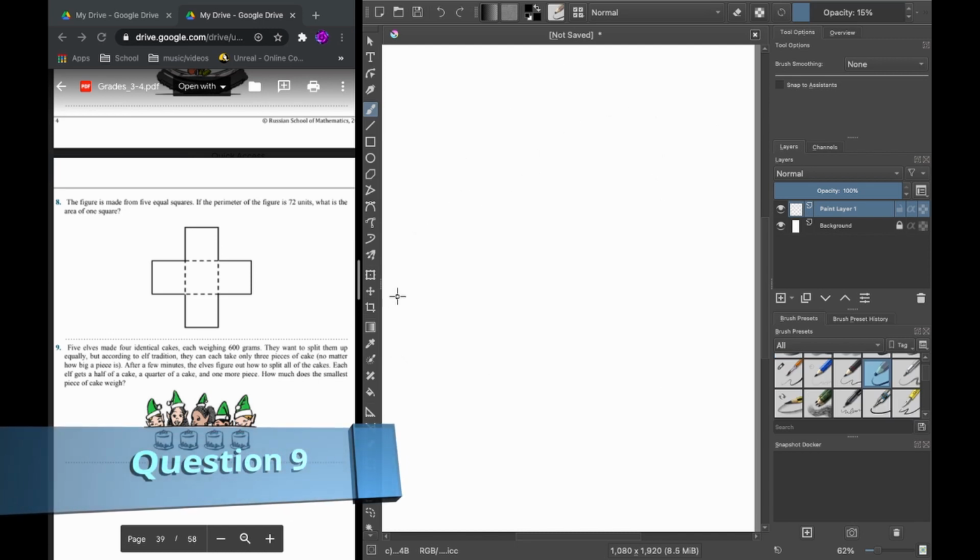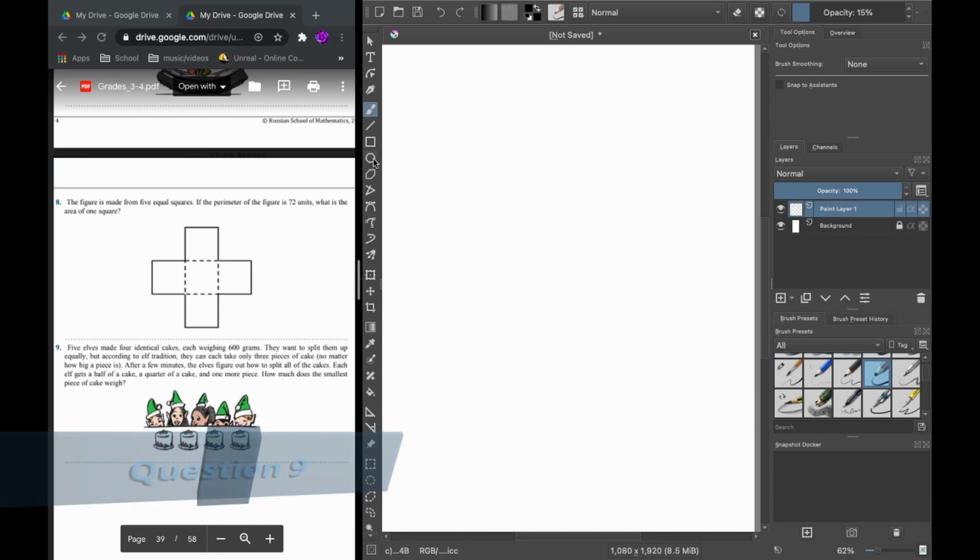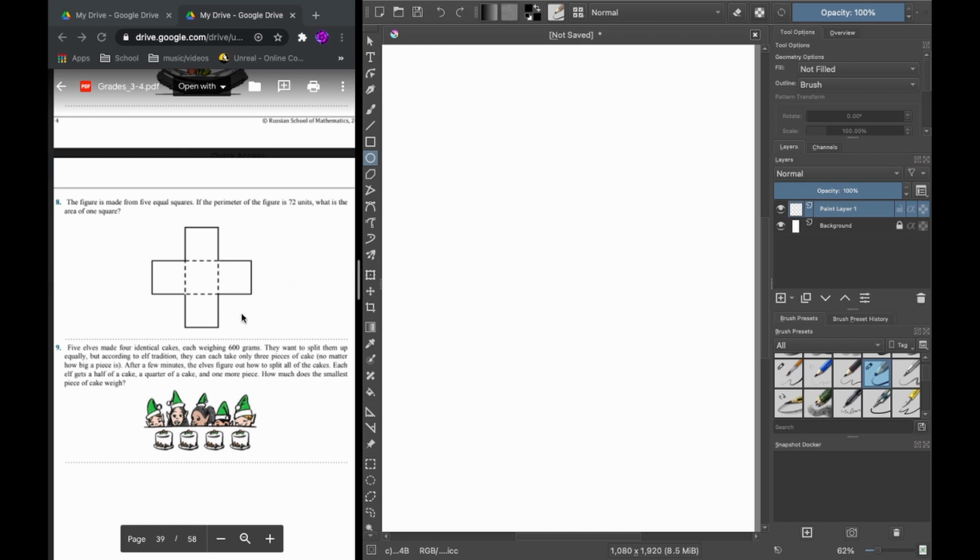Okay, so moving on to number 9. This is a pretty tricky problem. So 5 elves made 4 identical cakes. So I'm gonna draw some. Pretend these are all pretty identical, which they are pretty identical.